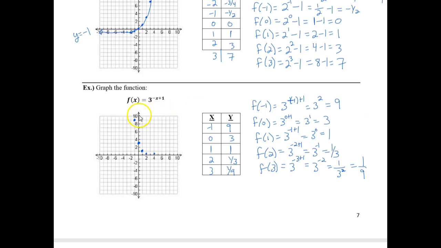Alright, so let's talk about how low this graph is going to go, the range here. Is it going to go below the x-axis? What do you think? Were we adding or subtracting anything out here? The answer is no. So the asymptote is going to be at y equals 0. So it's never going to go below the x-axis.